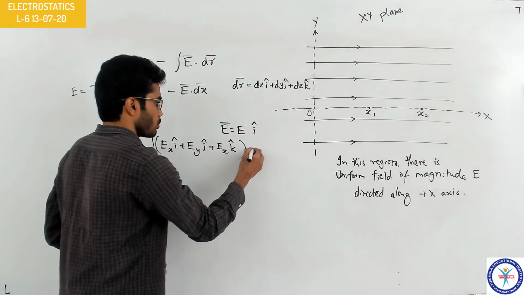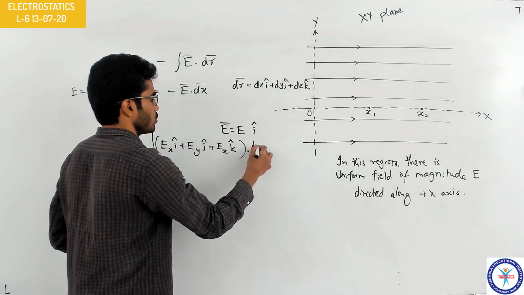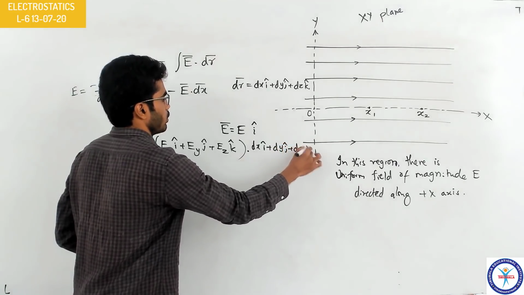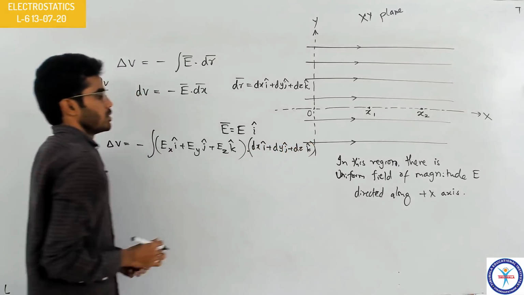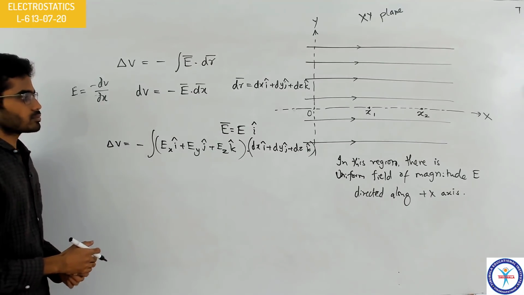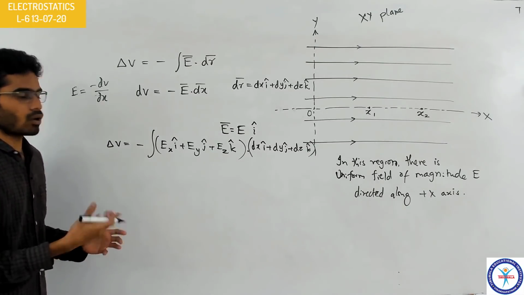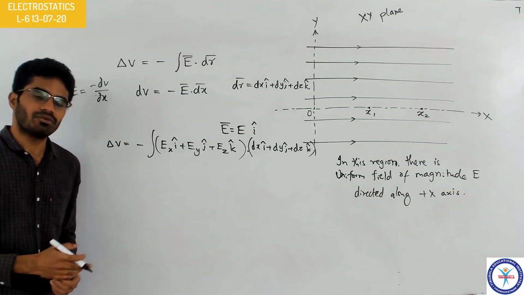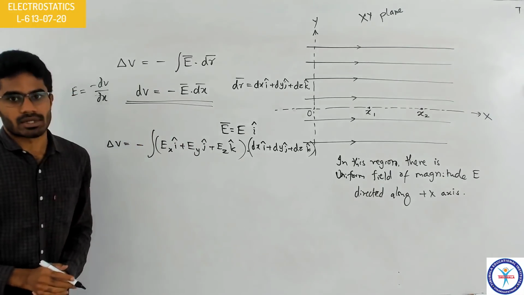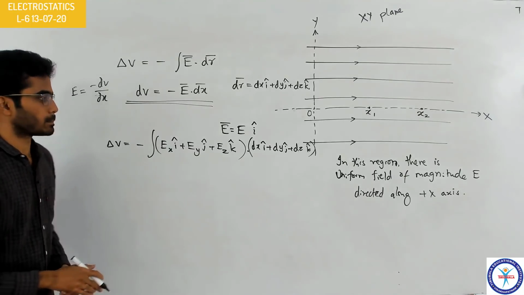If you take the dot product between these two, you get the difference in potential. But this is a little complex integration, so generally we prefer to do it in a single dimension independently.